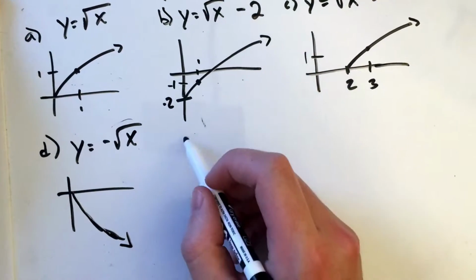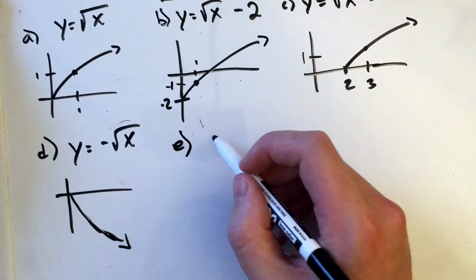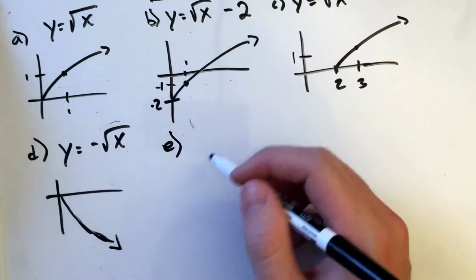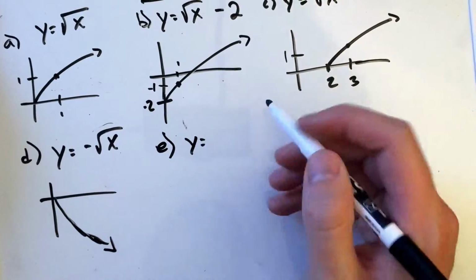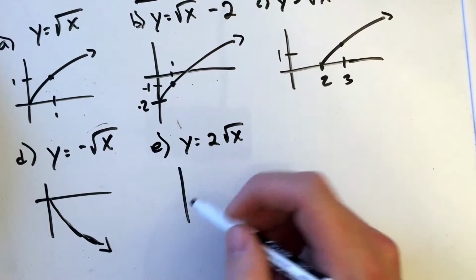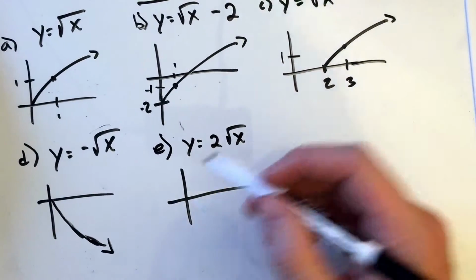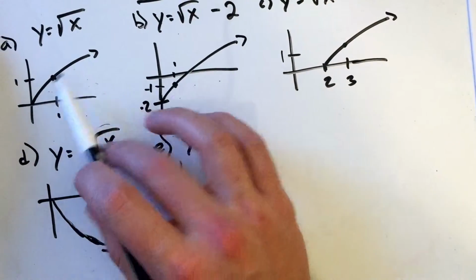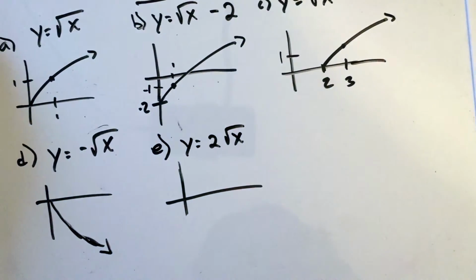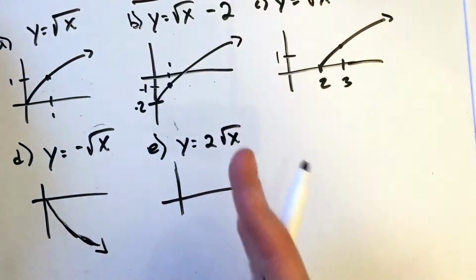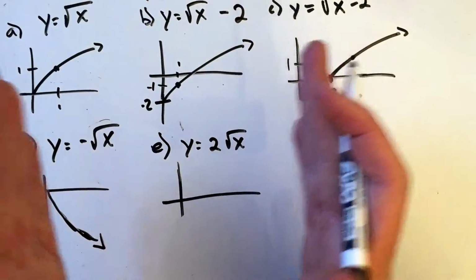The second one, or the e, we're going to have, now again, that minus, if it was already a minus and you make it a positive, mirror it vertically. If I have y equals 2 times square root of x, what that's going to do is take this y equals the square root of x and stretch it vertically, or squeeze it horizontally.